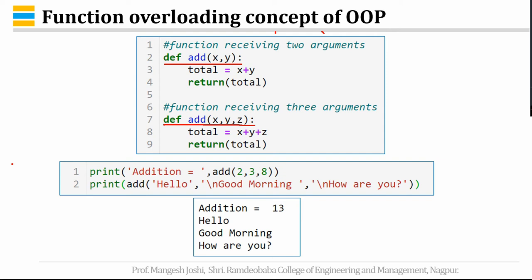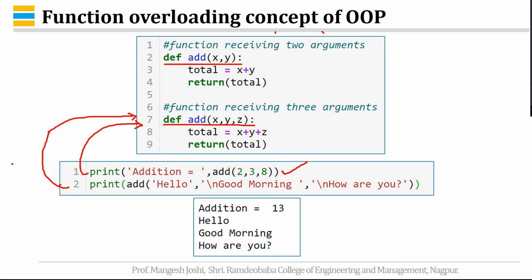If you pass 3 arguments in the call, it will call the function corresponding to 3 arguments. In both the cases here, we have passed 3 arguments, so both statements correspond to the function with 3 arguments.